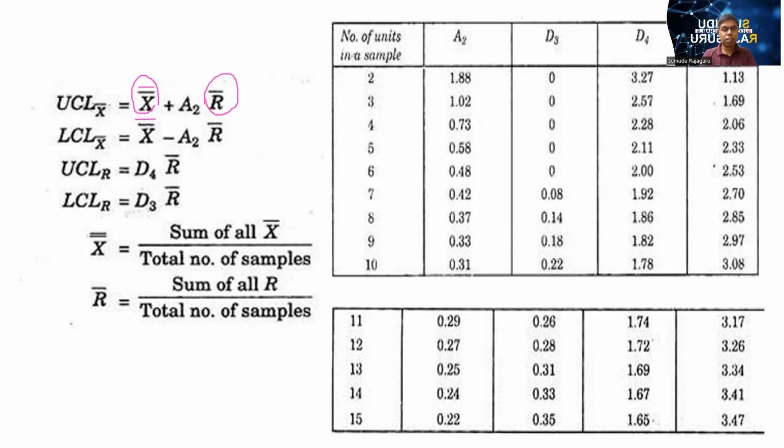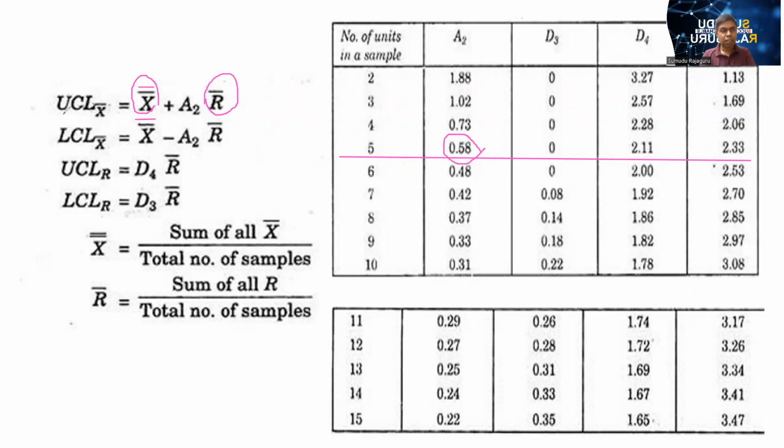So by using this standard table, you can see the number of units in a sample. When we consider the main sample, how many subsamples? In our case, 5 subsamples. Because of that, we consider line number 5. What is the relevant A2? A2 is 0.5. Then we know the A2.